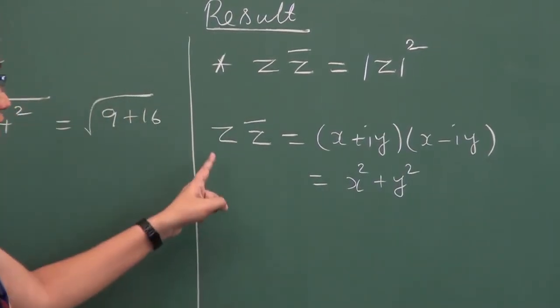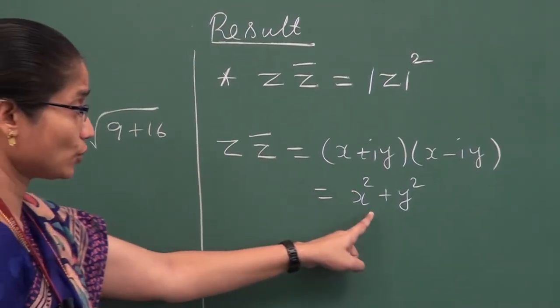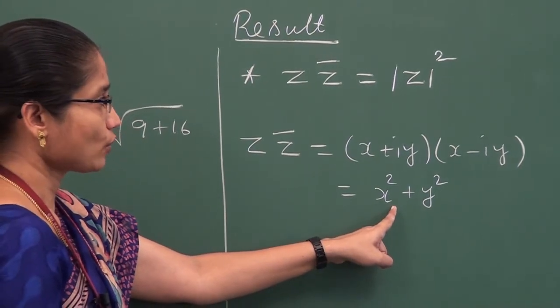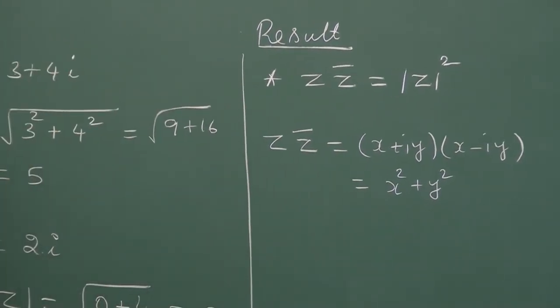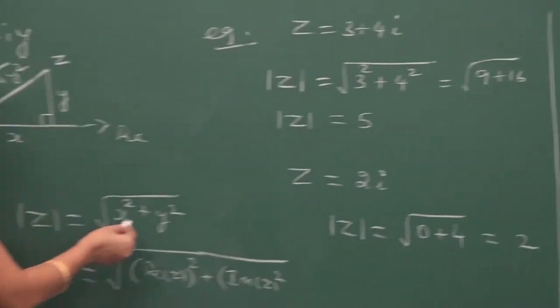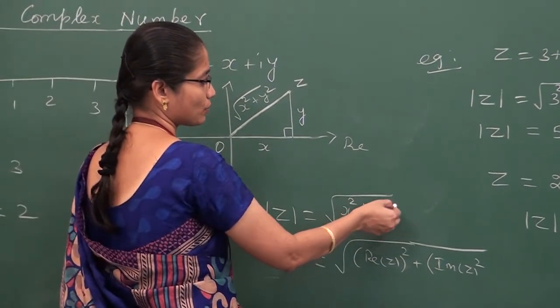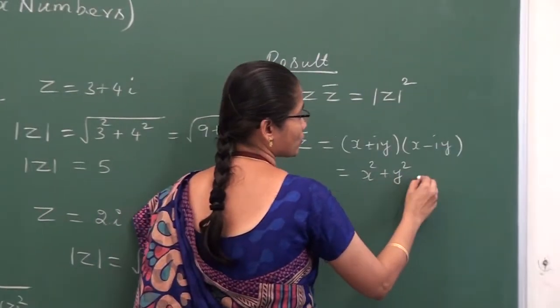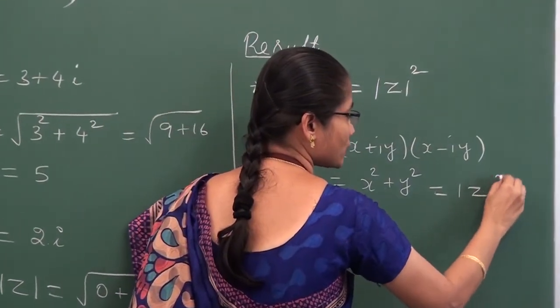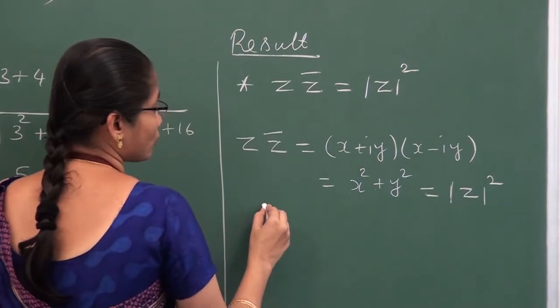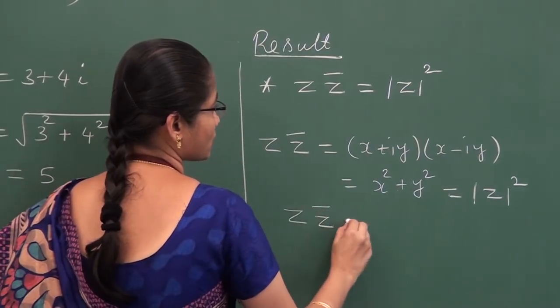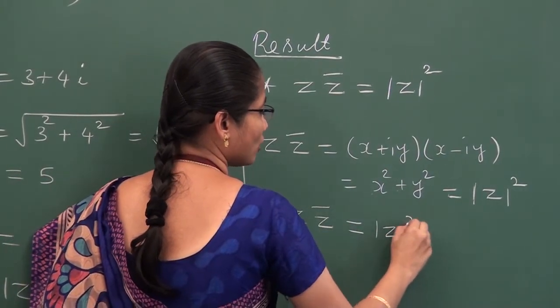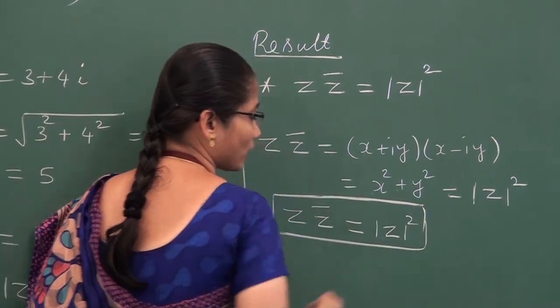Now according to this modulus definition, root of x square plus y square is equal to modulus of z. So instead of x square plus y square, we can write modulus of z the whole square. So the first result we have seen is z times z bar is equal to modulus of z square.